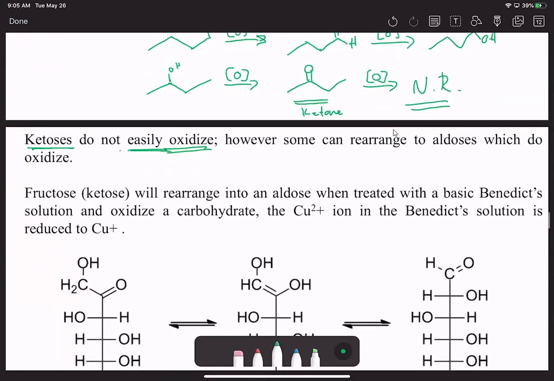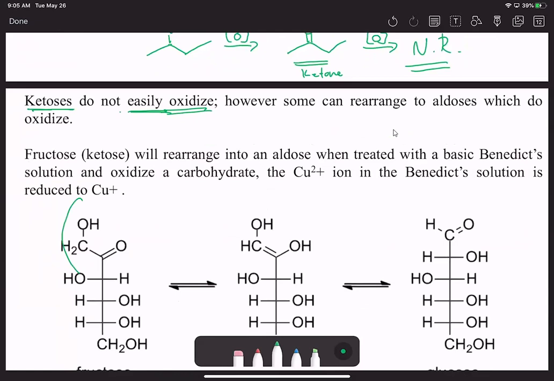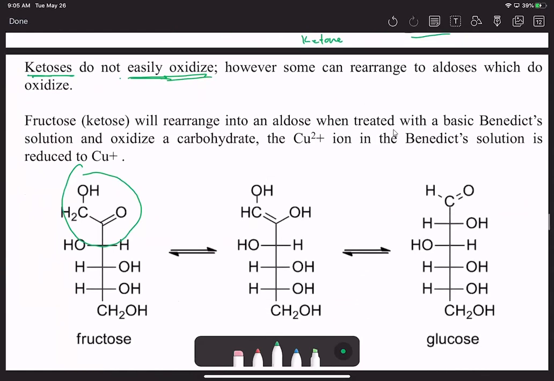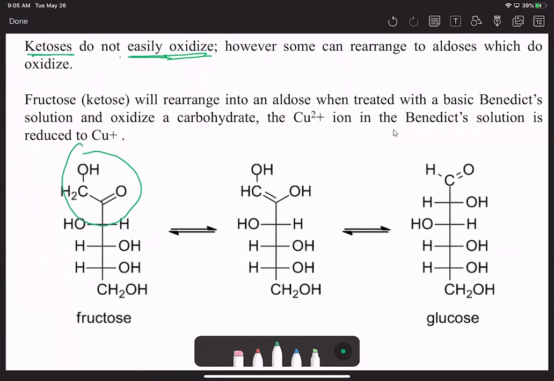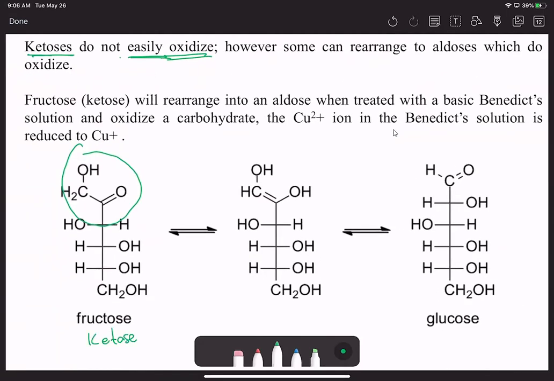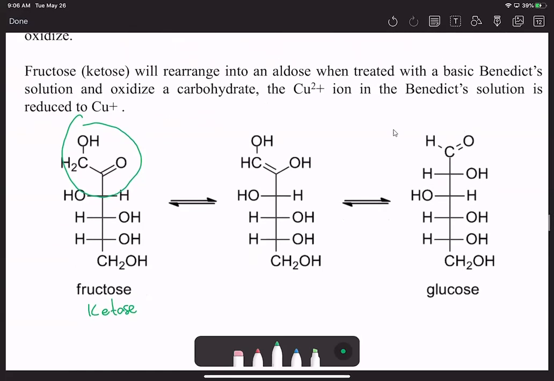So even though there is a ketone functional group, a ketose will oxidize. What happens is they undergo something we call isomerization. So this ketose here, which is named fructose, will undergo isomerization.